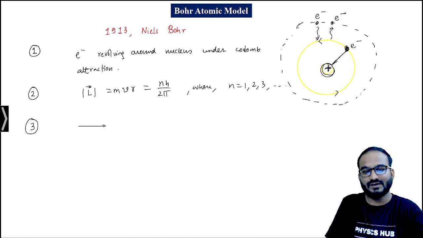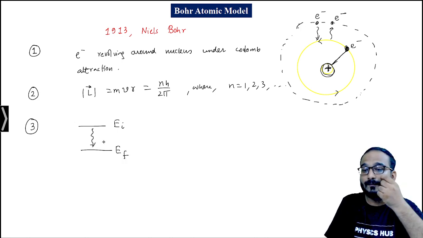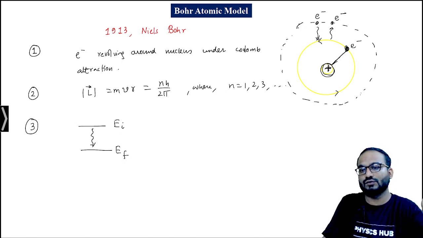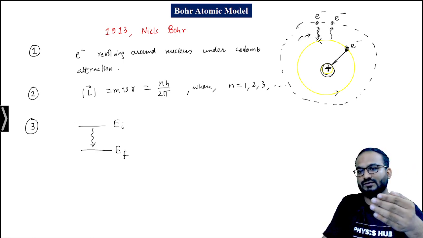So let's say if you have an energy state EI for the electron and the final energy state EF, then if some electronic transition happened, to go to higher state you need to give some energy, and if it is coming down to a lower state, some energy will be emitted.